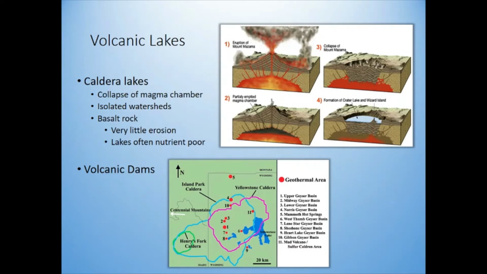The next type of lakes are volcanic lakes. Caldera lakes are really common. What happens, in this little picture up here, is you have an active volcano, and then once it becomes inactive, the magma that was underneath basically recedes for one reason or another.